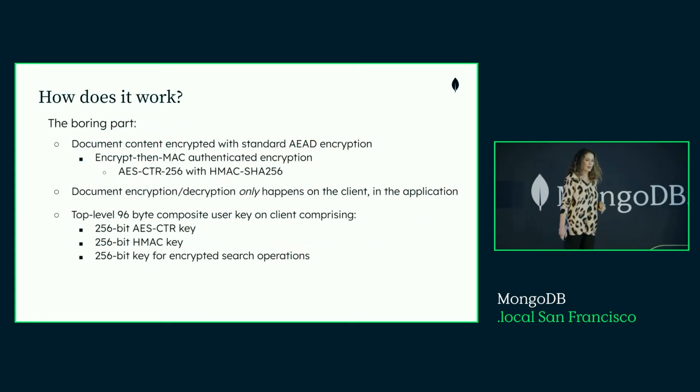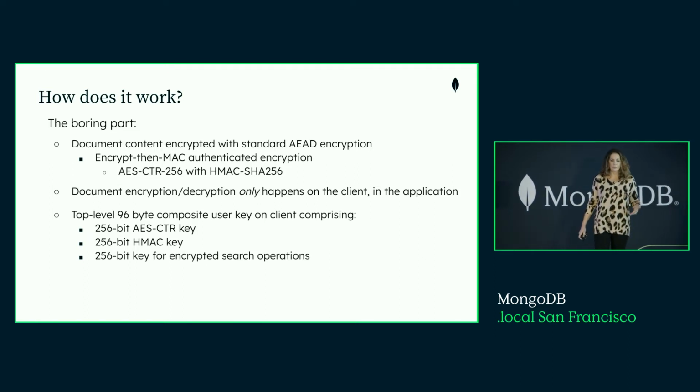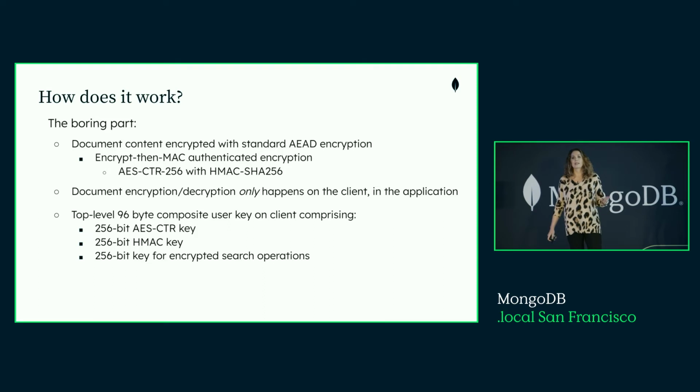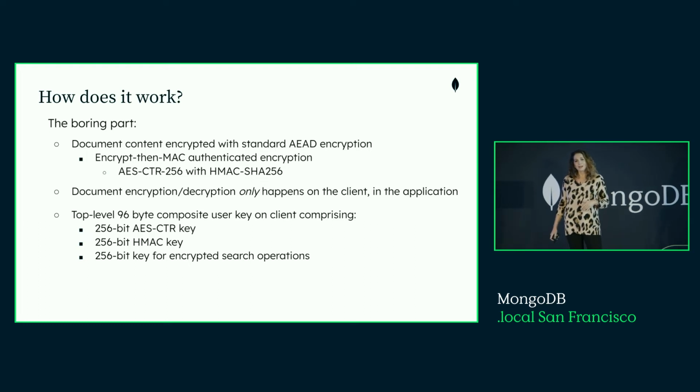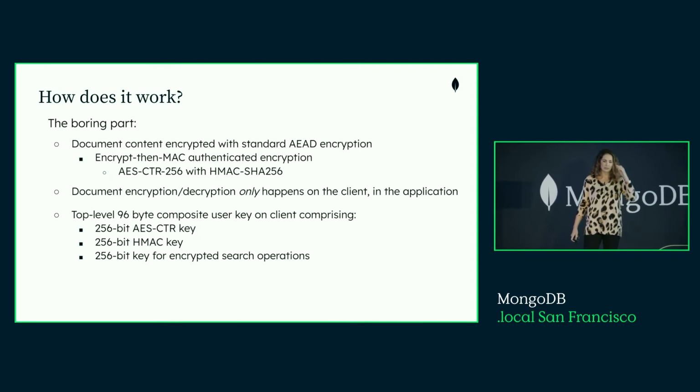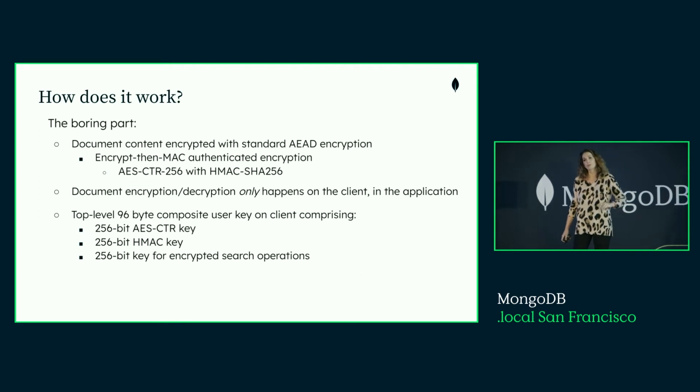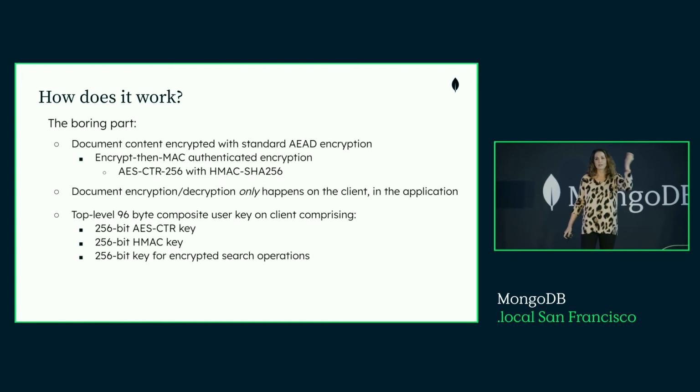So the boring part, the document, the actual data fields that you're encrypting, are encrypted with AEAD, which is an authenticated mode of AES encryption. So we use encrypt-then-MAC using AES CTR mode 256 and these HMACs based off of SHA-2. Like I said, the decryption and encryption only ever happens at the client in your application, so that data is never in the clear outside of it.